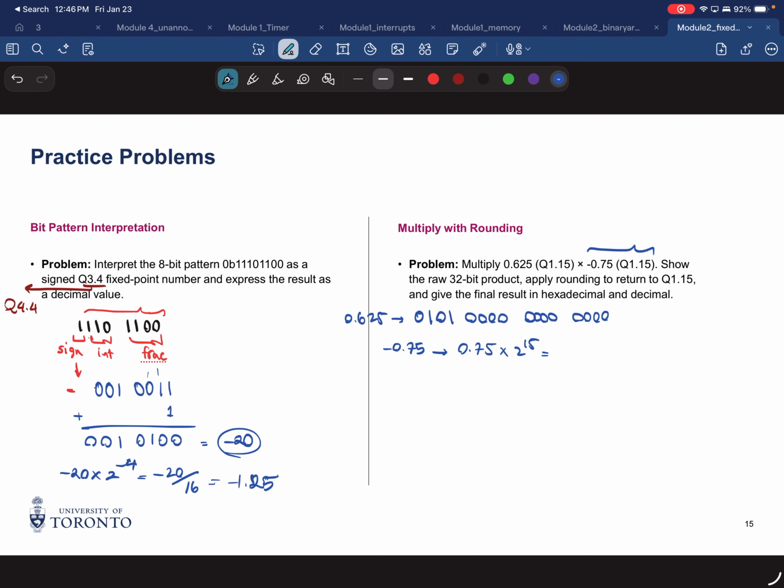We bring it to integer, and that's going to be 24,576. And then we make this minus 24,576 by calculating the 2's complement of the positive one, and that is going to be 0, 1, 0, 0, 0, 0, 0, 0. Okay, so minus 0.75 is going to be 1, 0, 1, 0.